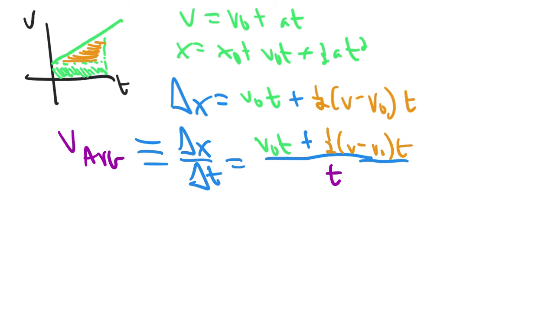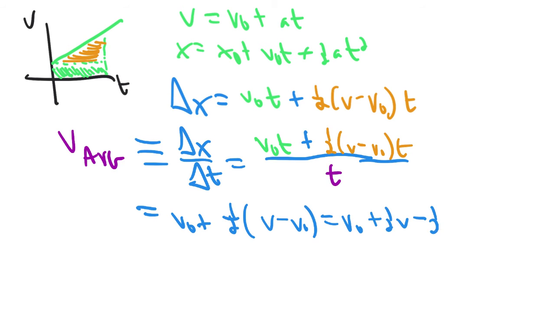So we're going to find that V average is V0 plus 1/2 (v minus V0), or V0 plus 1/2 v minus 1/2 V0, which is 1/2 V0 plus 1/2 v, or 1/2 (V0 plus v).